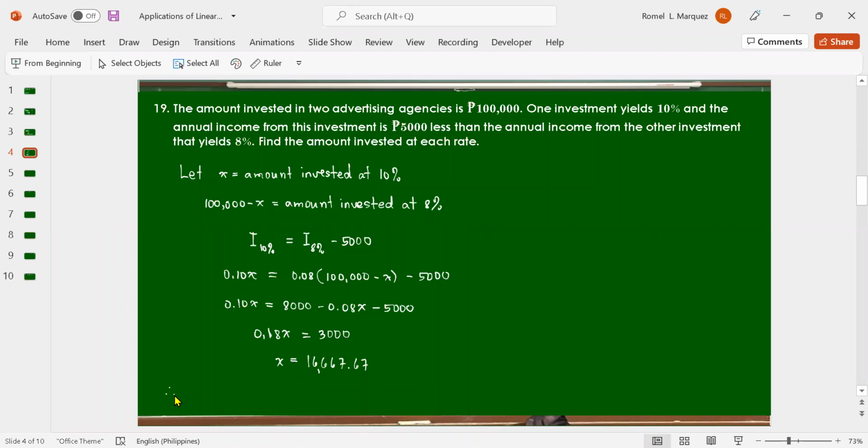So, our conclusion is that the amount invested at 10% is approximately 16,667.67. No?